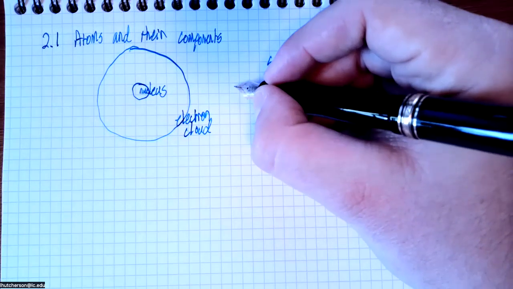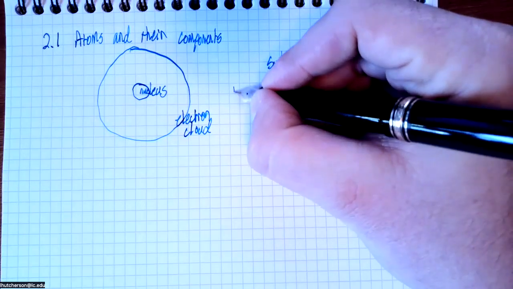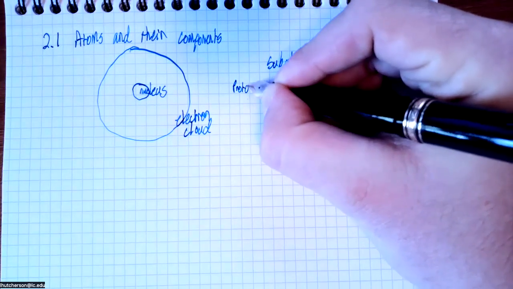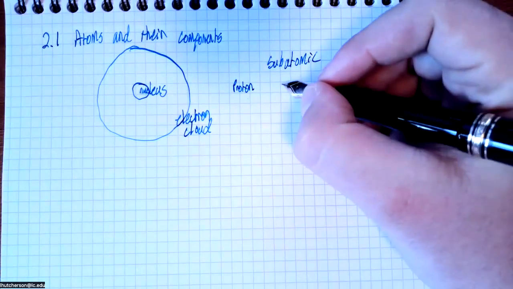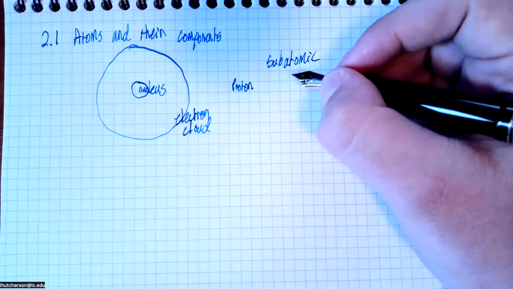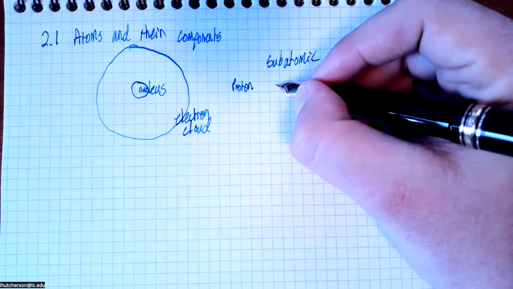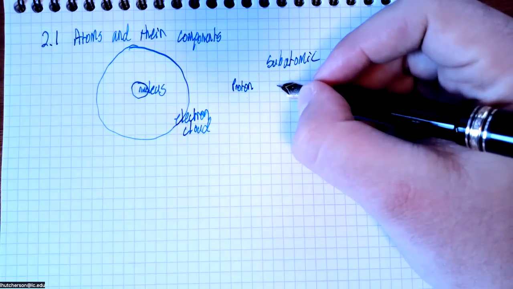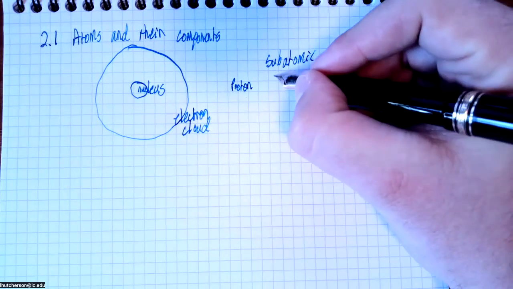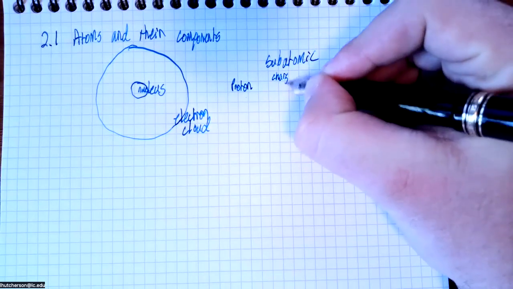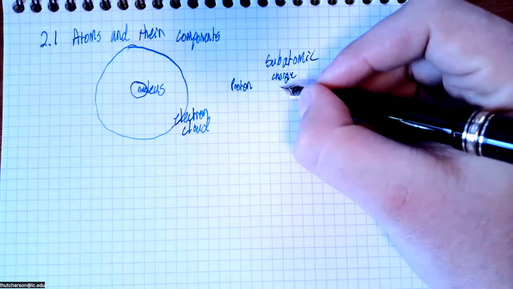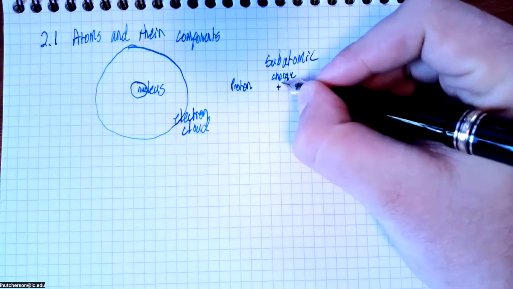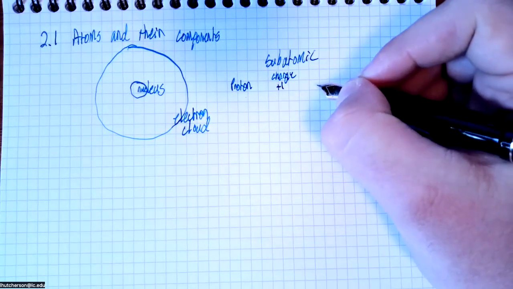The first of these that we're going to talk about is the proton, right? A proton is a positively charged subatomic particle. And typically we assign the charge of a proton an arbitrary value of +1.